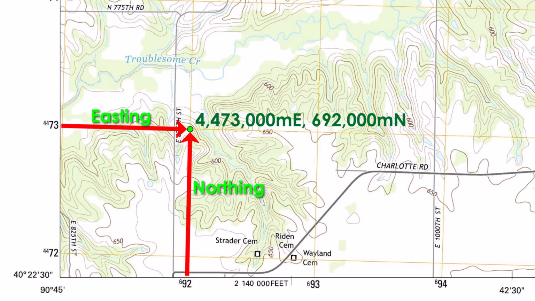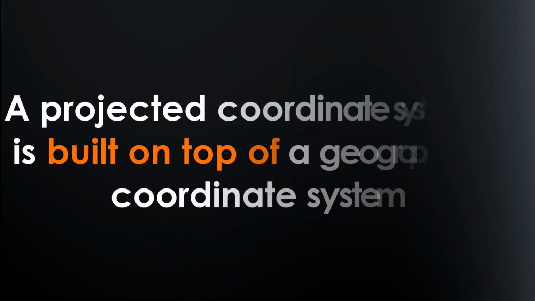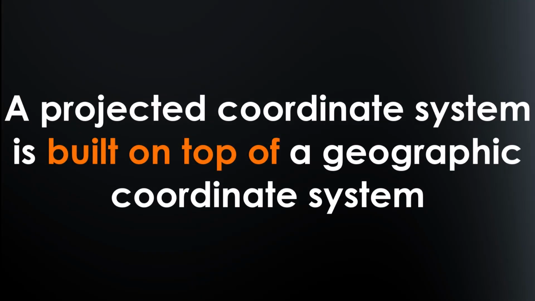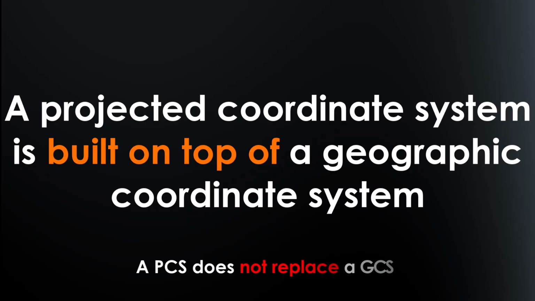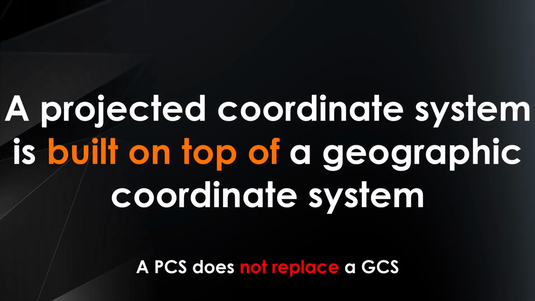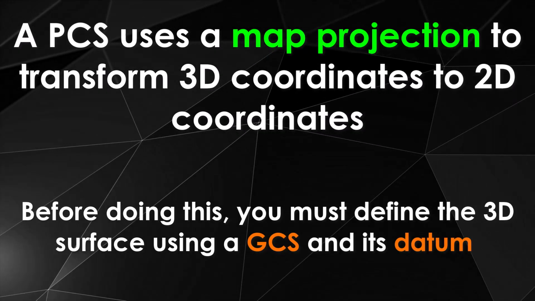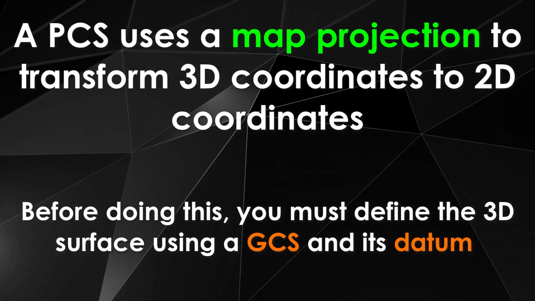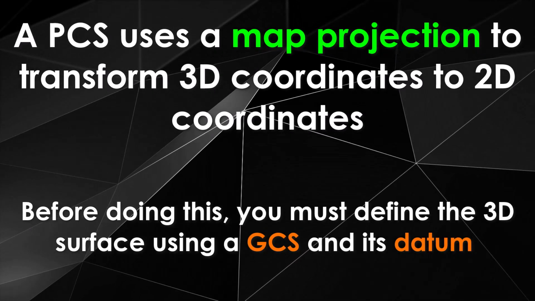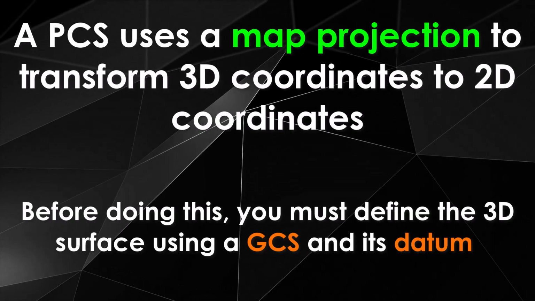Now, it's important to understand that a projected coordinate system is built on top of a geographic coordinate system. It does not replace a GCS. Before you can project Earth coordinates to a flat surface, you first have to define that surface using a geographic coordinate system and its underlying datum.